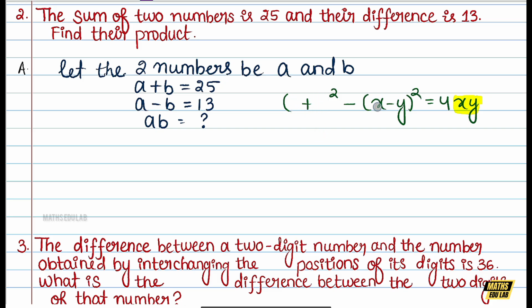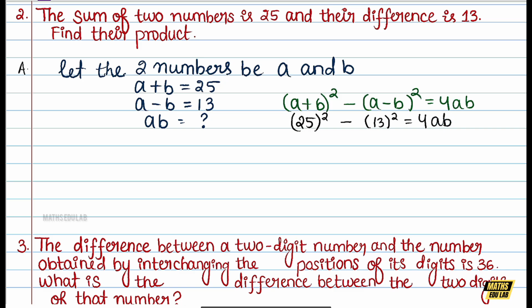If you write in the form of ab also, we will get the answer. So a plus b whole square minus a minus b whole square equals 4ab. The a plus b value is 25 whole square, then minus the a minus b value, 13 whole square, equals 4ab.